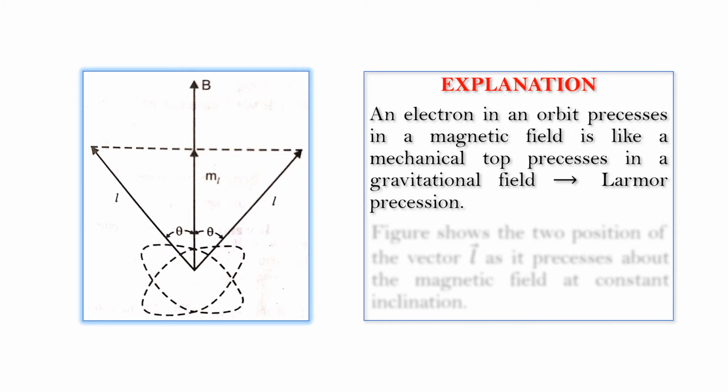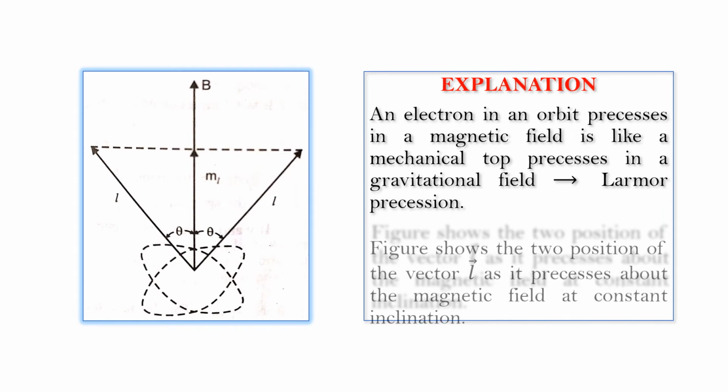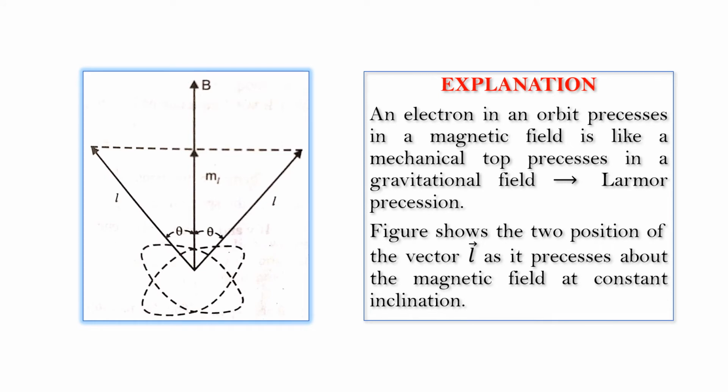This figure shows the two positions of the vector L as it precesses about the magnetic field at a constant inclination of angle theta. So in this diagram we see the two positions of the vector L as it precesses about the direction of the applied magnetic field at an angle theta.